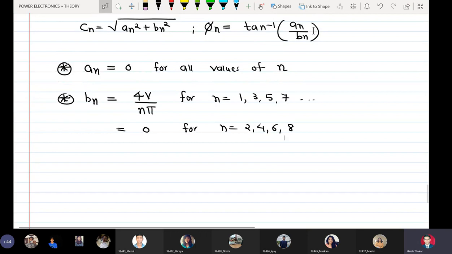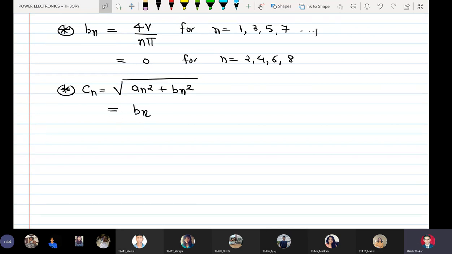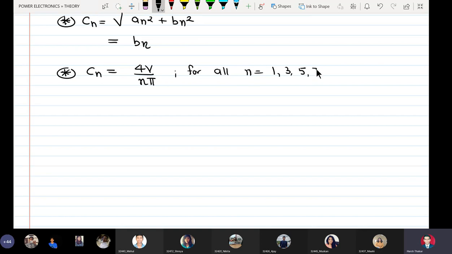So now students, finding the expression for Cn, it's very natural that Cn will be equal to under root of an square plus bn square. Since an equal to 0, it is equal to bn. So students, our first important expression from numerical solving viewpoint is Cn is equal to 4V upon n pi for all n equal to 1, 3, 5, 7.